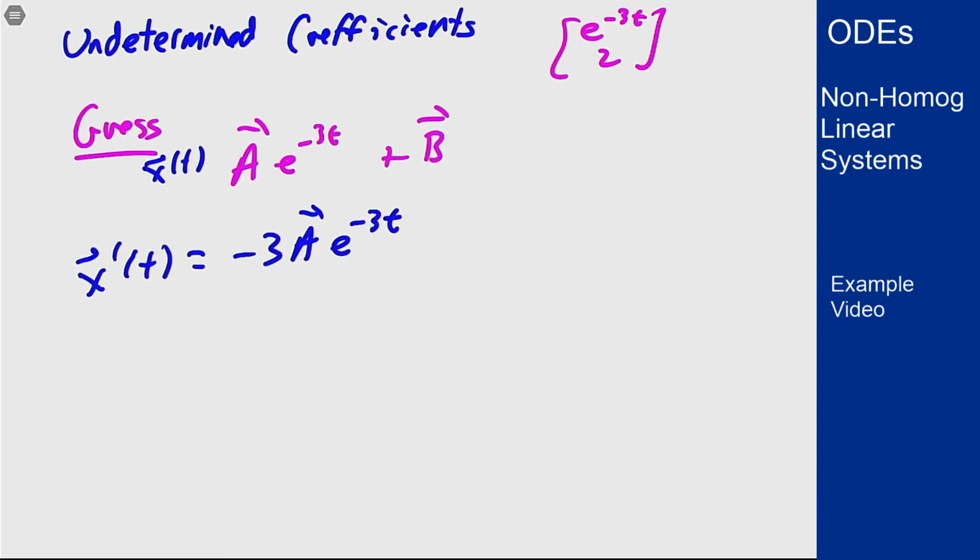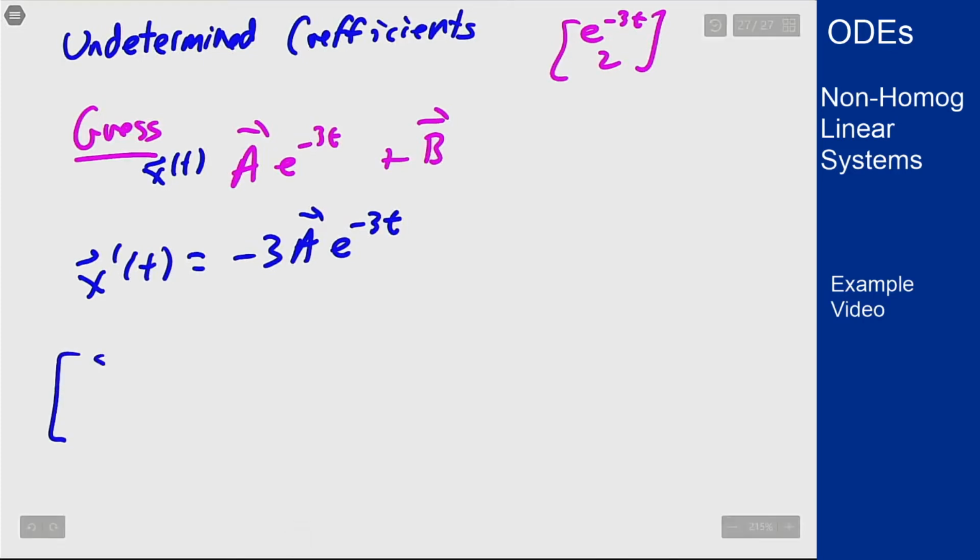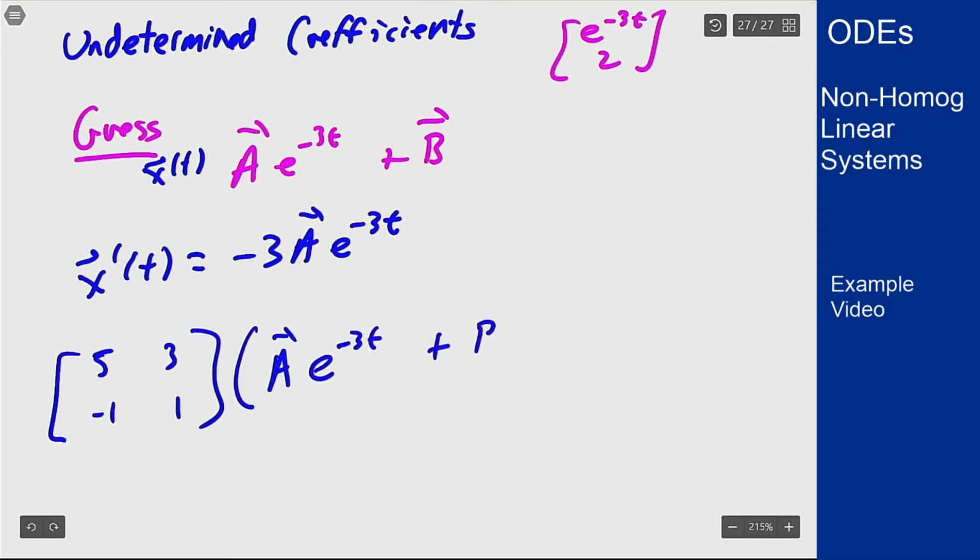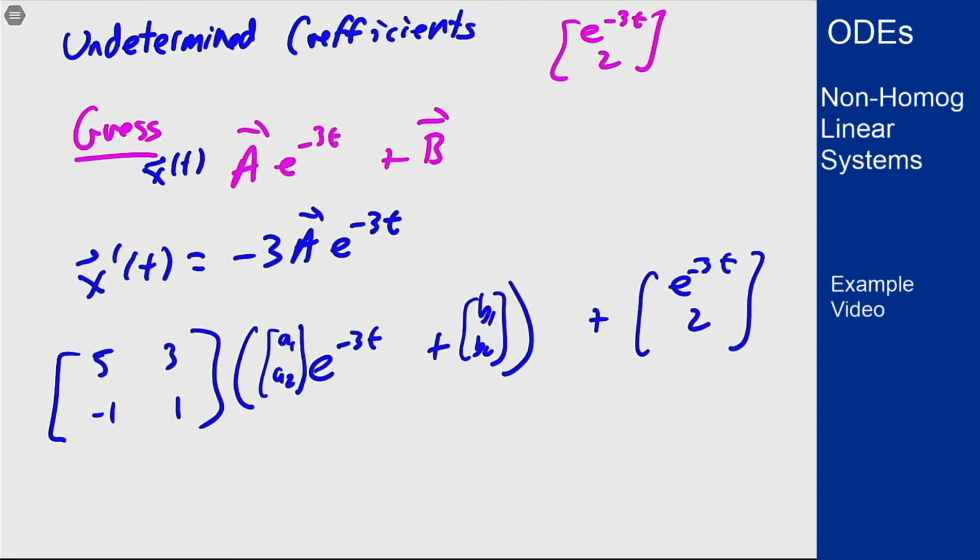Now I'm going to plug this into the equation. And since the matrix here was 5, 3, minus 1, 1, we see that for this, I'm going to plug in a e to the minus 3t plus b. Then I want to add e to the minus 3t and 2. I'm going to rewrite these as column vectors now. Do the multiplication.